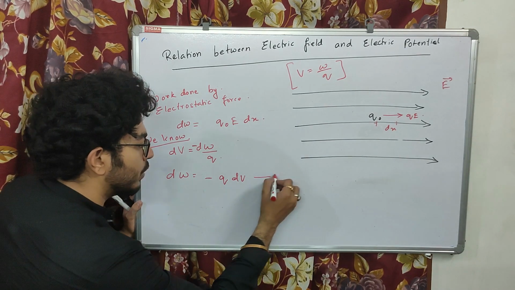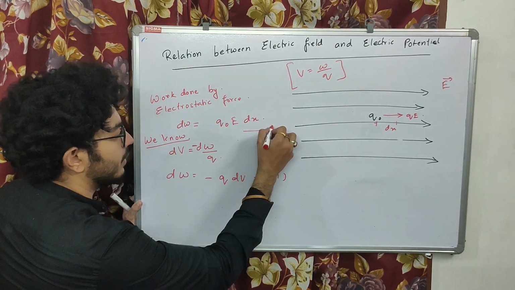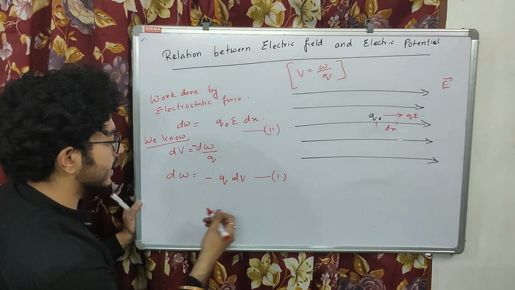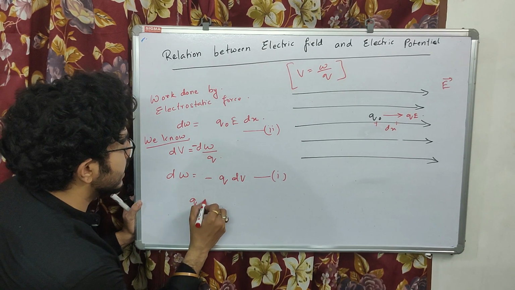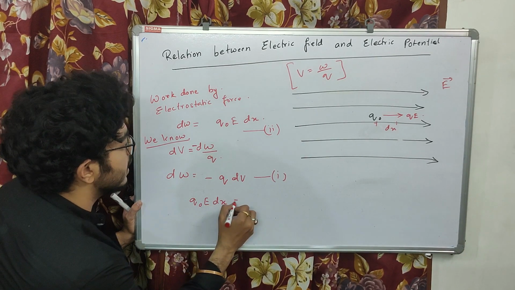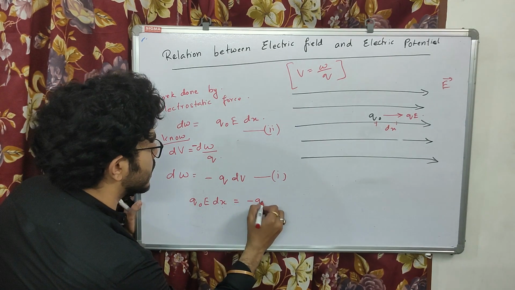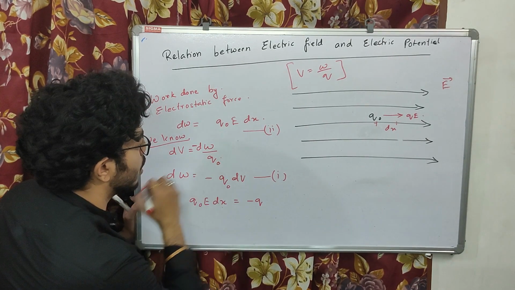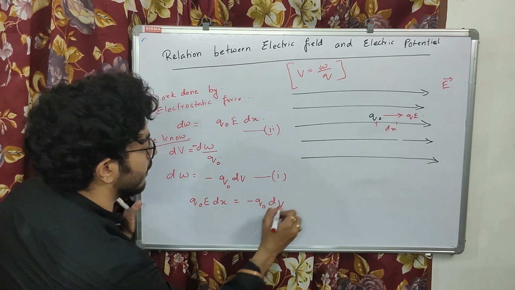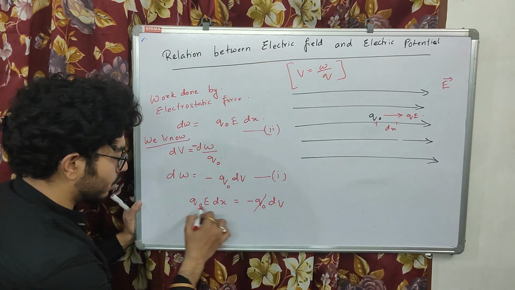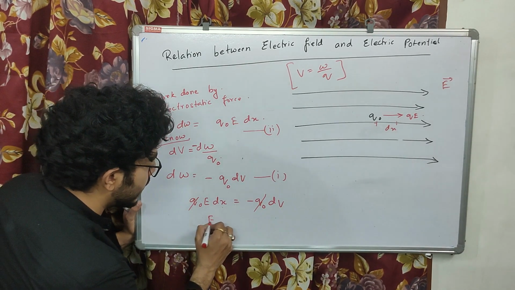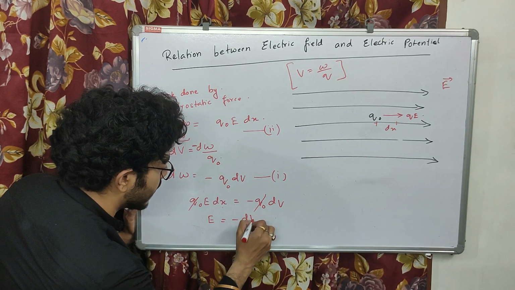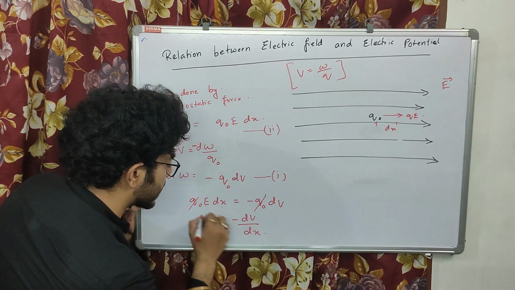So if I equate these two equations, Q0 E dx is equal to minus Q0 dV. Ultimately Q0 cancels out, so E becomes minus dV by dx.